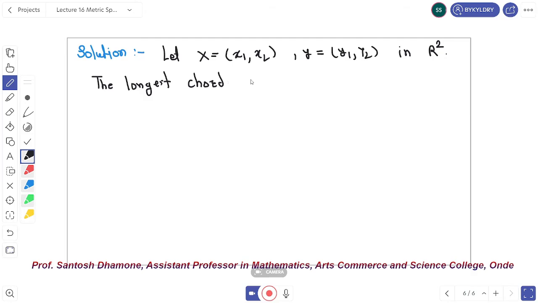This is a point in R2 space. The longest chord in a circle is its diameter.